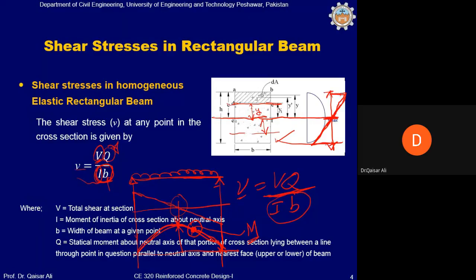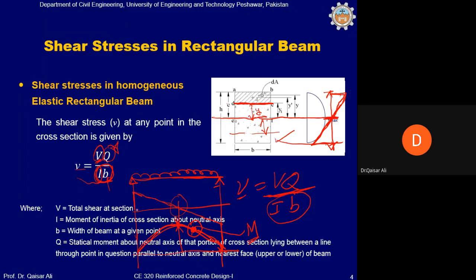And this statical moment, you look at this, if we want to calculate shear stress at this location, the shear stress at this location and maximum is at the support.